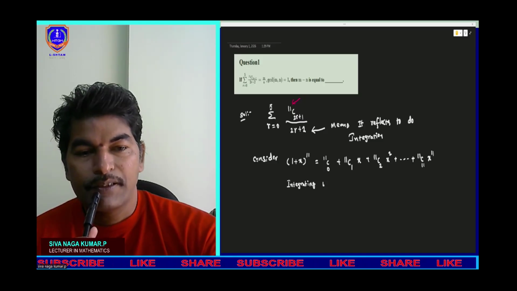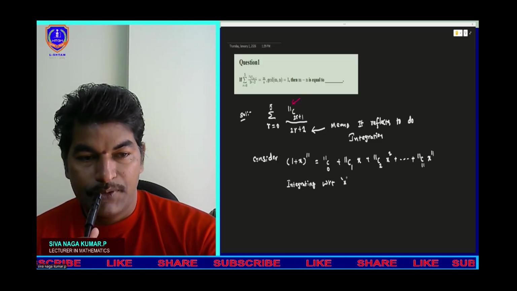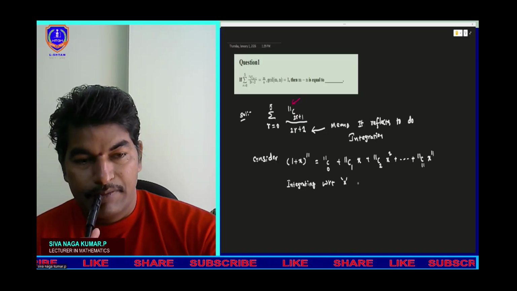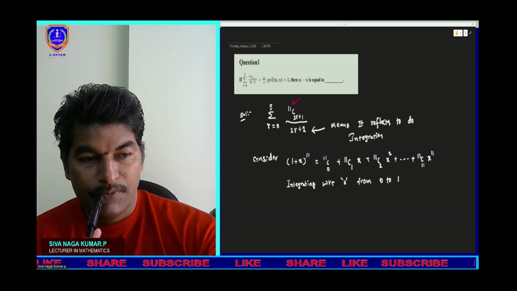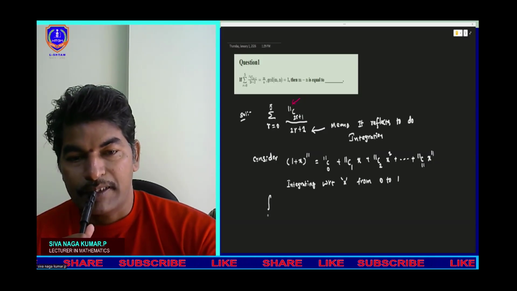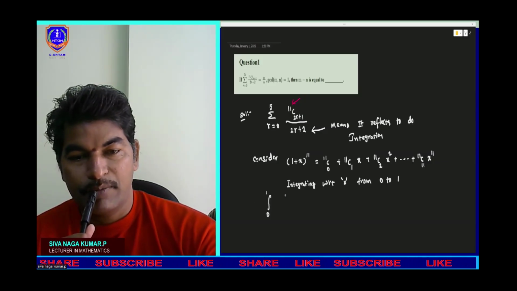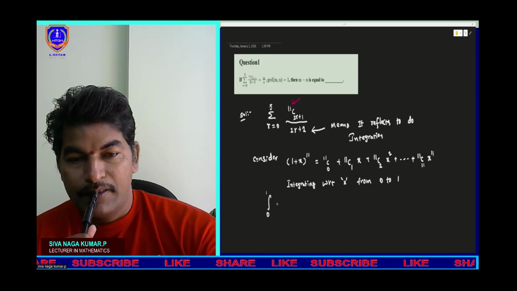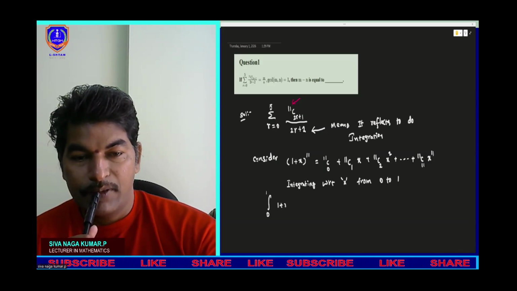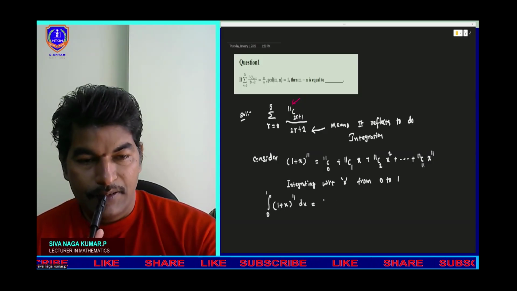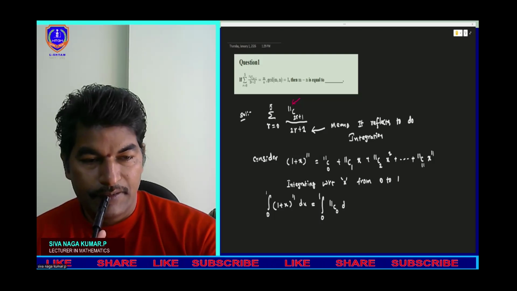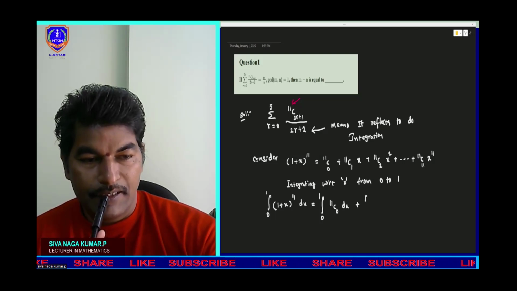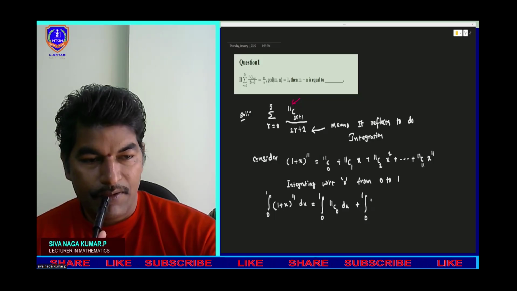Integrating with respect to x from 0 to 1, both sides. Integral 0 to 1, (1 plus x) whole power 11 dx is equal to each and every term integrated under the limits and dx.